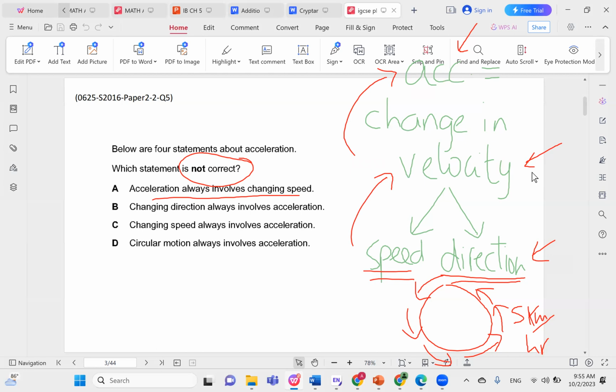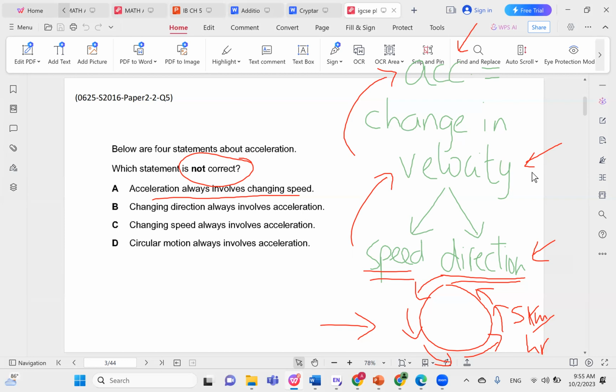What about choice D? Circular motion always involves acceleration. This is similar to the example we said at the beginning. If I'm moving in a circle, then I'm constantly changing my direction. So therefore, I must be accelerating. And for your general knowledge, moving in a circle gives me a special type of acceleration that we call centripetal acceleration.